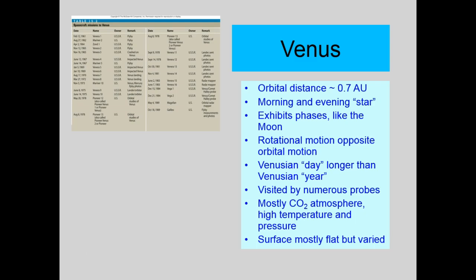Okay? Only two more, but there are two more out there. Like it said here, visited by numerous space probes. Here's maybe close to a complete listing of those space probes. And like I said, there's two more listed here, both one in 2006 and one in 2007.